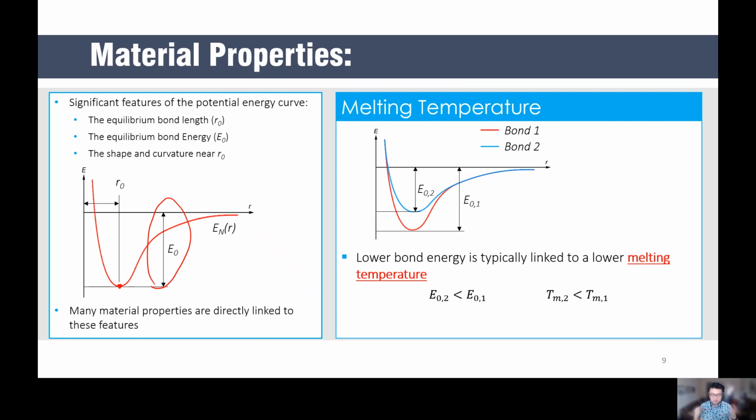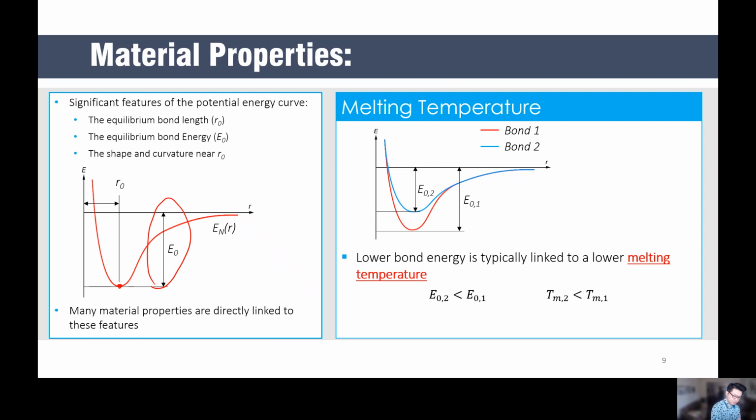In other words, if I increase the heat of the system, it will eventually break. And the amount of heat that I need to supply to the system is proportional to the bond energy. In this particular system, since bond 1 has a lower minimum point, the bond energy is higher.